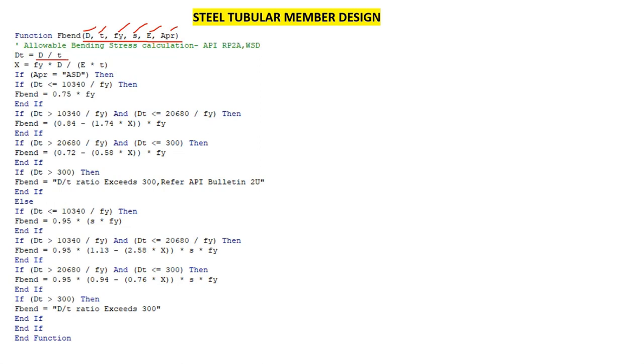X is nothing but Fy times d divided by E t. We simply calculate the X value, then compare the d by t with this factor. If d by t is less than this value, we take directly 0.75. If it's between this and this, we take 1.84 minus 1.74 times X.